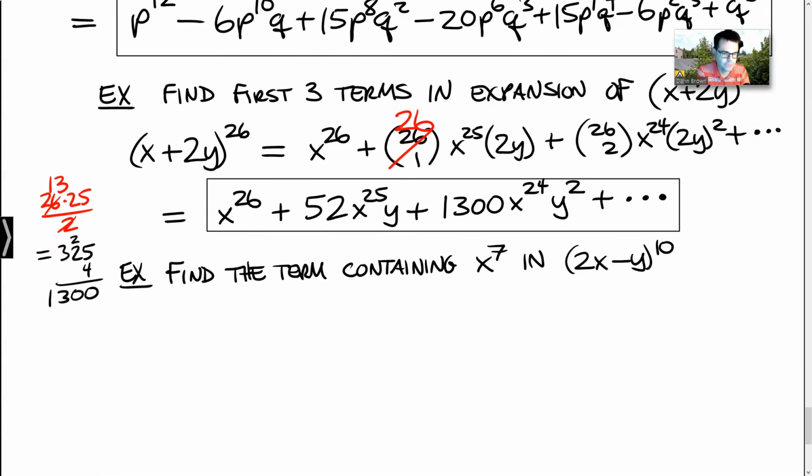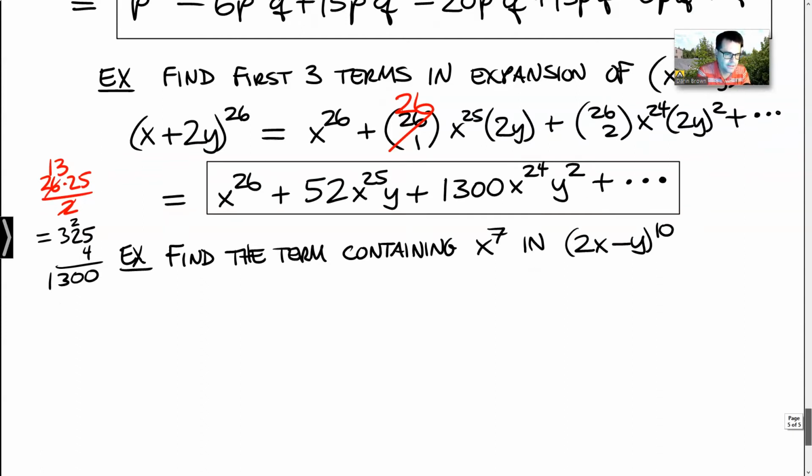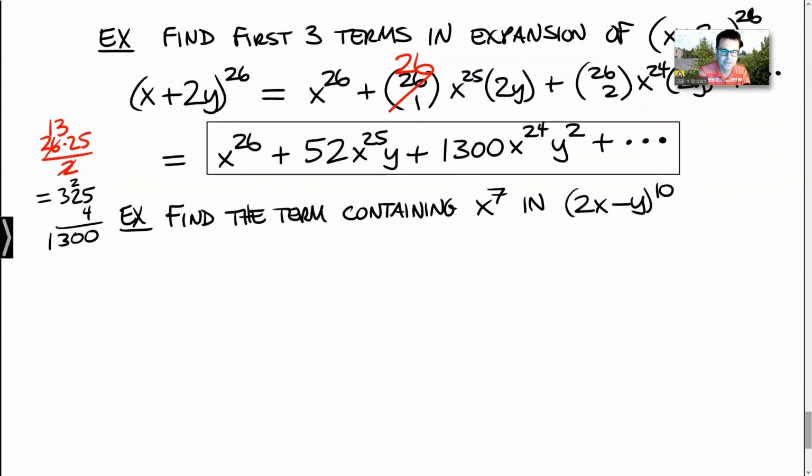So last example, find the term containing x^7 in (2x - y)^10. So we only need a specific term here. So what is this term going to look like?